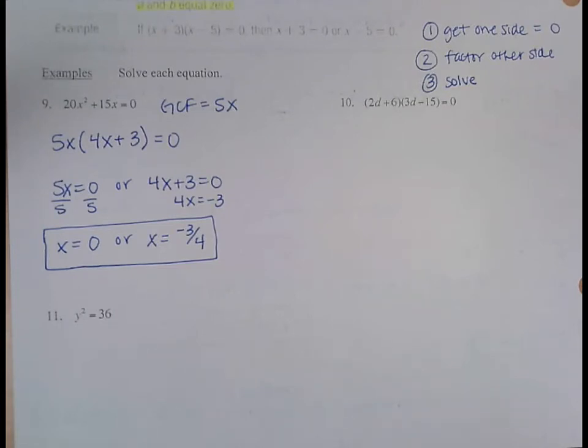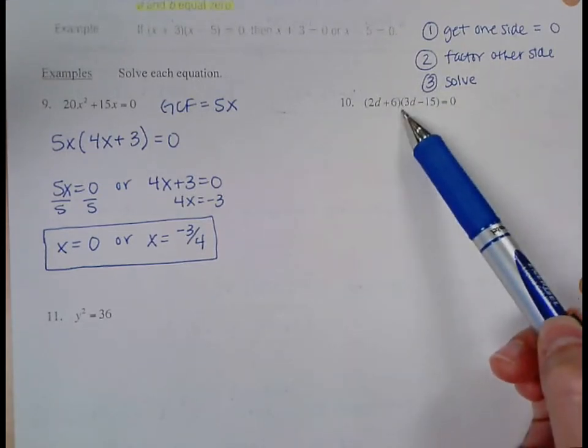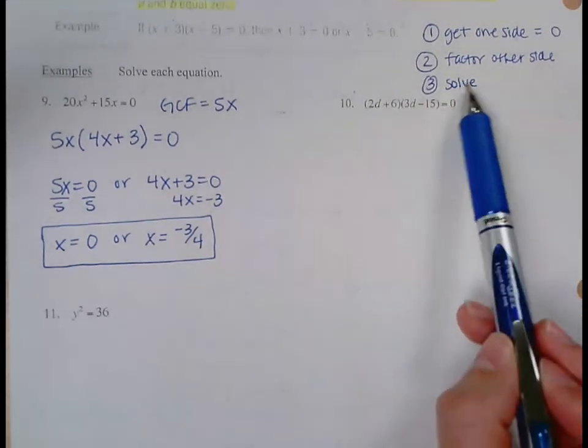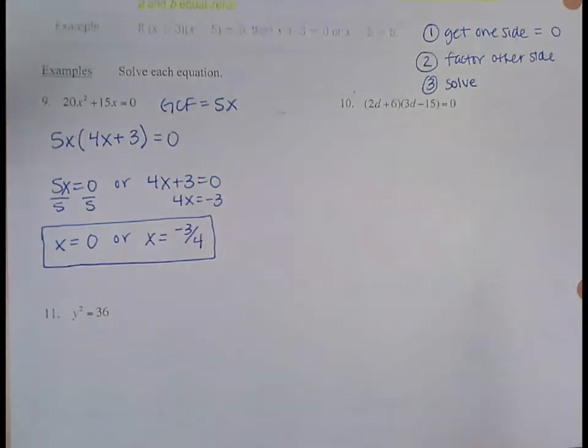So 10 and 11, I'm not going to go through the whole process, but I want you to understand how it's set up. For 10, one side is 0. Would you say the left side is factored? I heard some yeses. I have a product of 2 quantities. So I can go straight to step 3, solve using the zero product property.